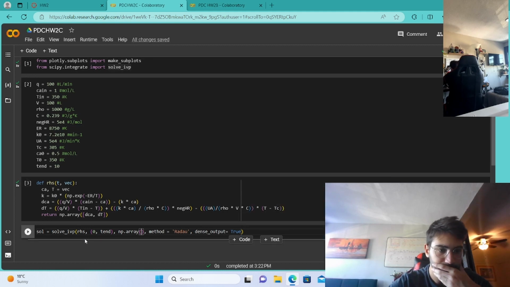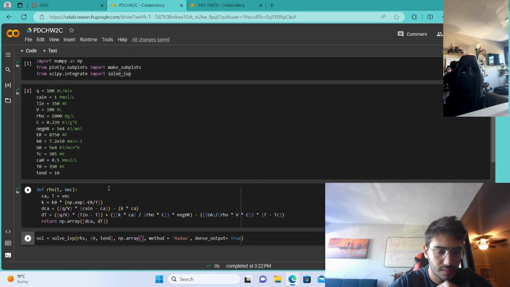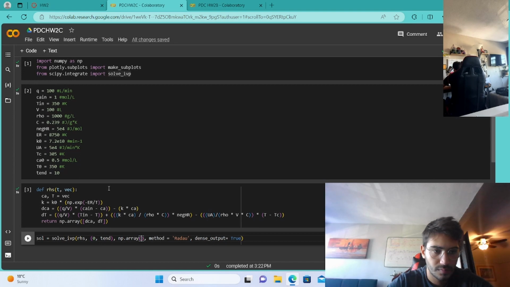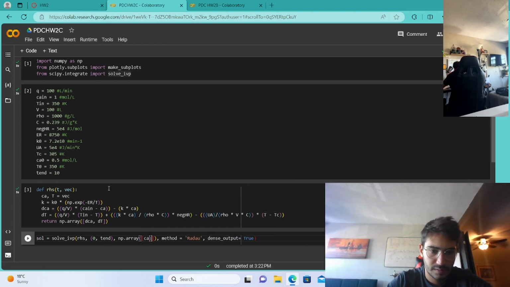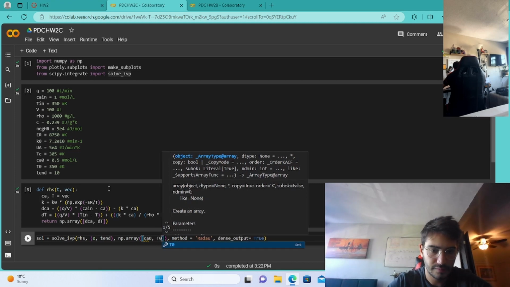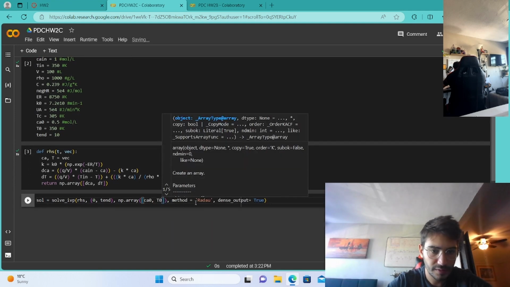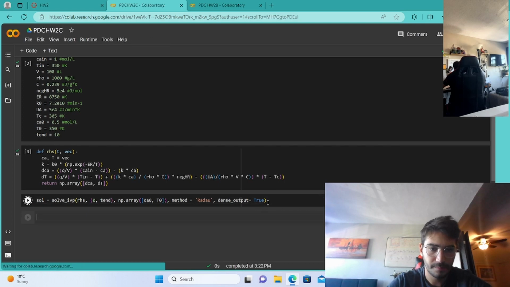So the only thing is what we want our y0 to be, which is an array of our CA naught and our T naught values. That should be good.